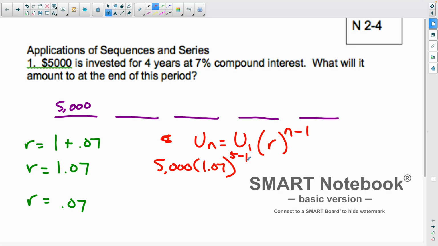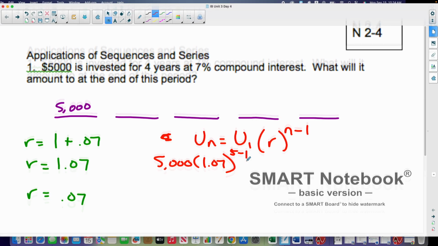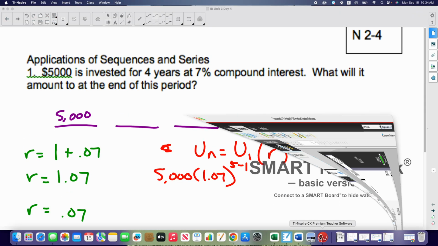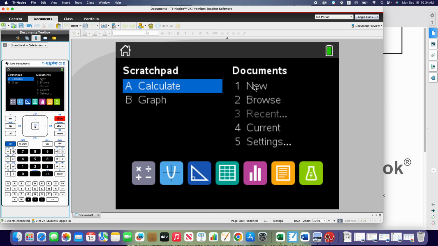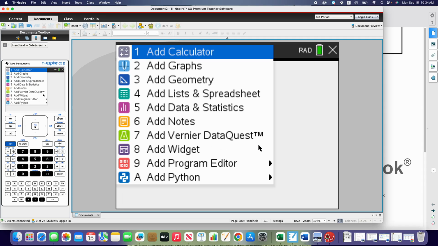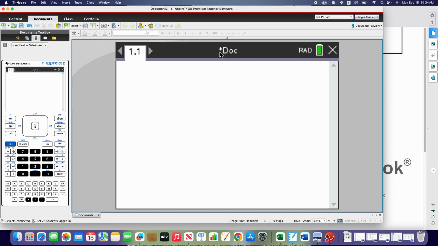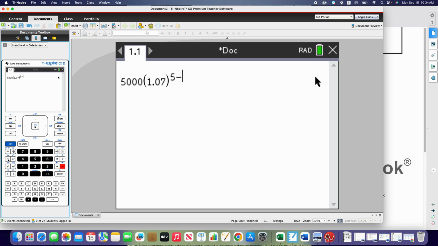So I'm going to put that in my calculator. I'm going to go 5,000, and I'm going to go parentheses, 1.07, and I'm going to raise that to the, you can go 5 minus 1, or you can put 4.